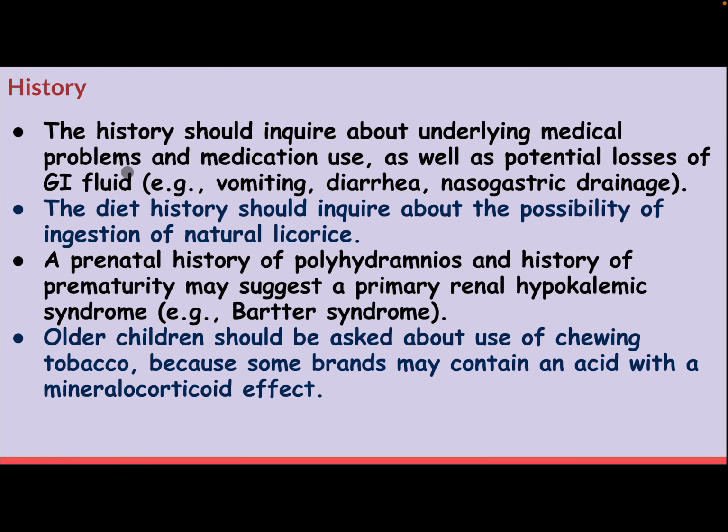disorder. History. The history should inquire about underlying medical problems and medication use, as well as potential losses of GI fluid like vomiting, diarrhea, nasogastric drainage. The diet history should inquire about the possibility of ingestion of natural licorice.